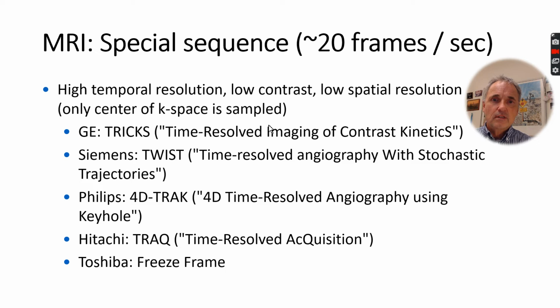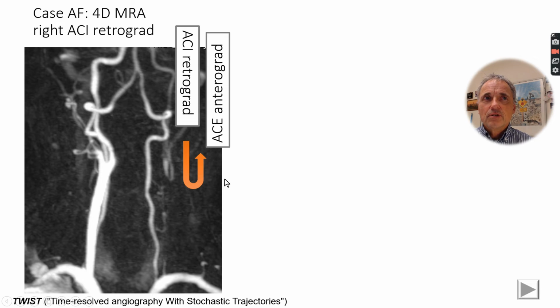As you've seen in the next slide, there is a digital subtractive angiography feeling when you look at the pictures. These are the acronyms, which differ between manufacturers, but most of them are in the package with the cardiac imaging. So these are sequences developed for cardiac imaging, but available also for extracranial vessels.